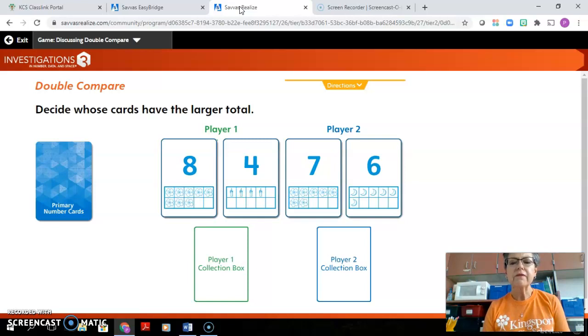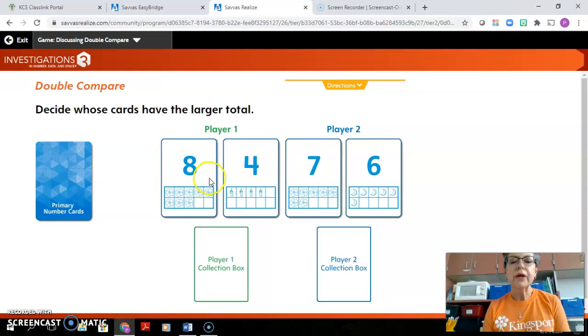So here we have the game Double Compare, and I've went ahead and dealt player 1's cards, 8 and 4, and I also dealt player 2's cards, 7 and 6. The next step is to figure out who has more.